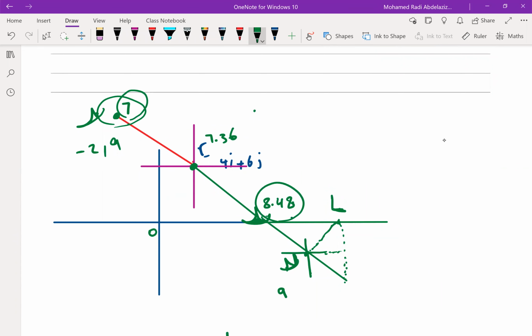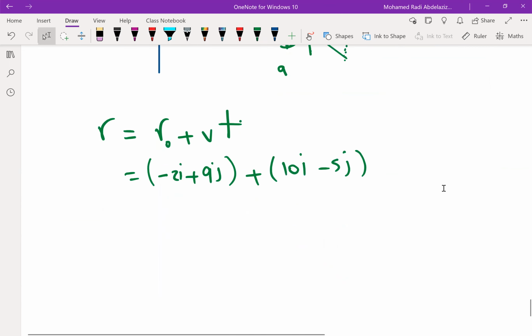So from 7 to 8:48 will be 1 hour and 48 minutes. So 1 and 48, we can convert it to be in hour. So will be 9/5. So the time is 9/5.